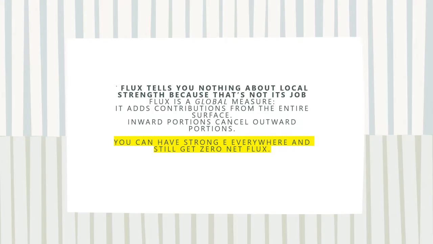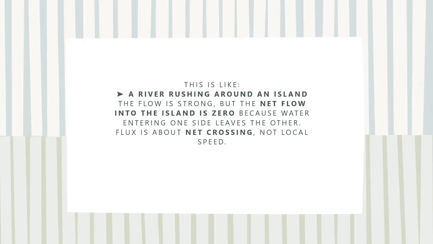As we said, it adds the contributions from the entire surface, right? Remember that inward portions are negative, and the flux pointing outward would be positive. They can cancel out, which tells you that you can have a very strong E field and the net flux is 0. Okay? So flux does not tell you directly about the E field, right? It's another type of measure, but we will see how it can be very useful to us when there is symmetry.